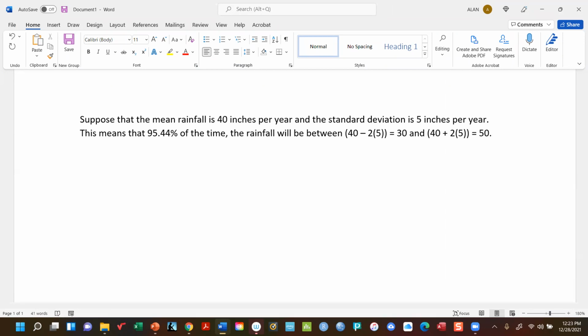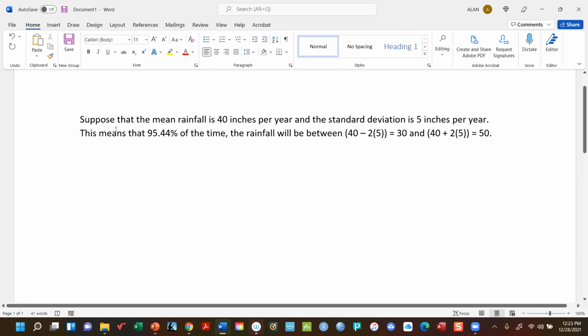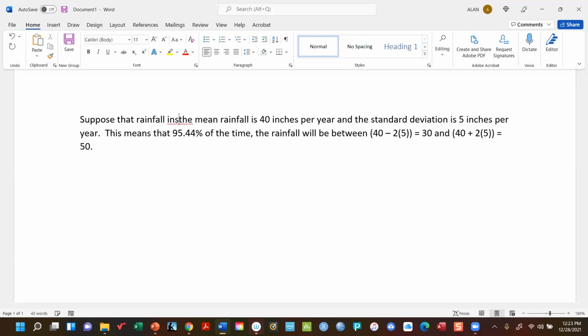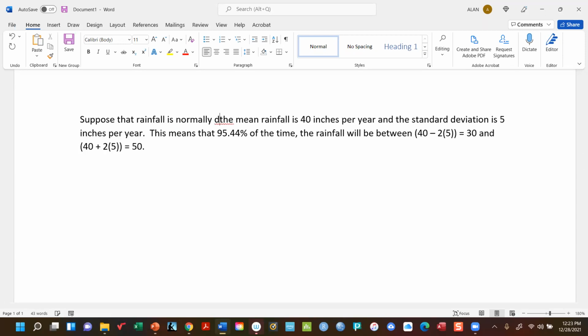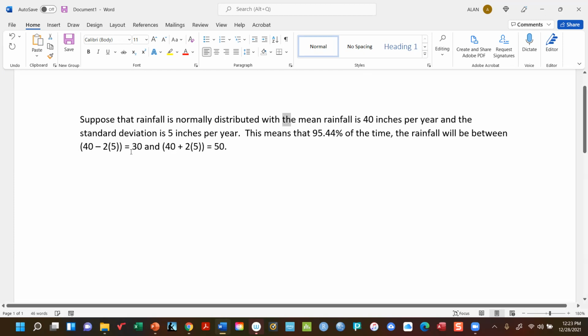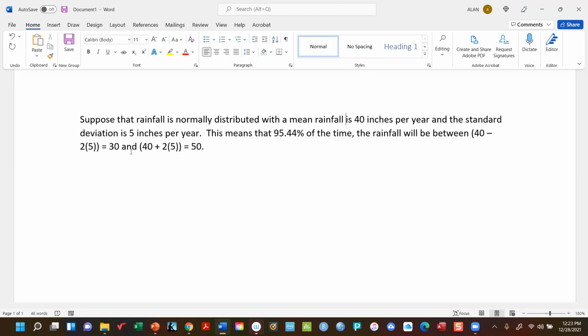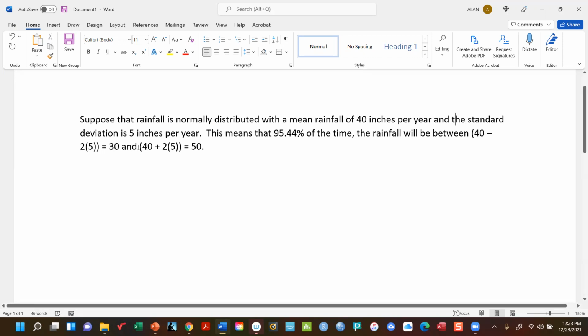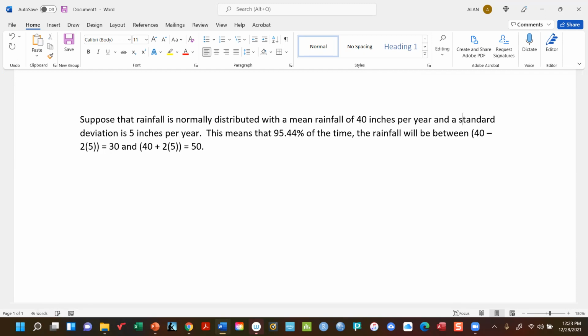Okay, because we're assuming that the rainfall is normal. Well, actually, let me include that in here, normal. So, all right, hold on. So suppose that rainfall is normally distributed with a mean of 40 and a standard deviation of 5 inches per year.